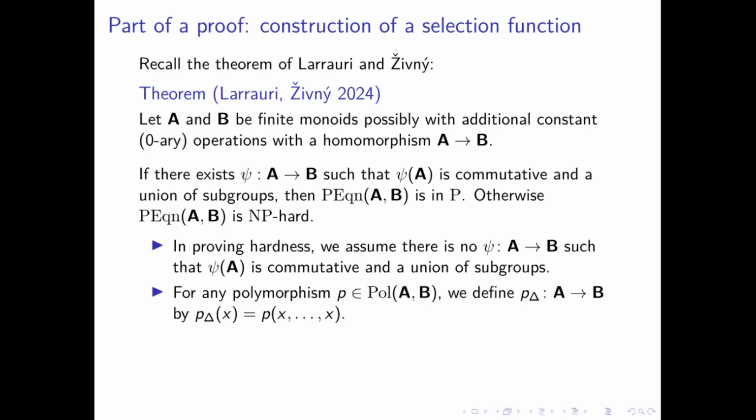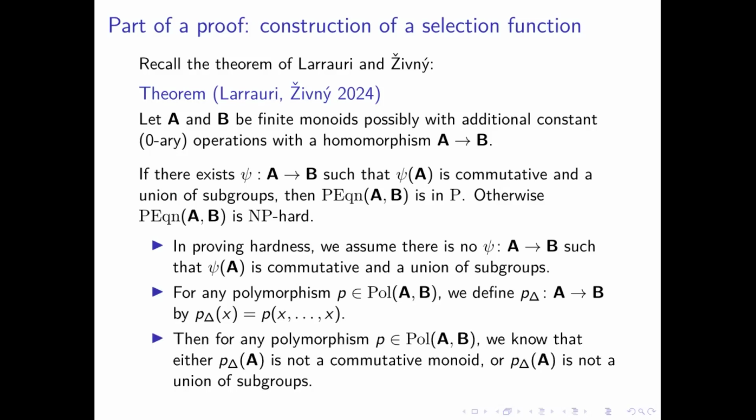Okay, so first thing to note, if you have a polymorphism from A to B, then if you take P, what I call P delta of X, define it to be P of XXXX, that's going to be a homomorphism from A to B. And in particular, this means that from our assumption, the image P delta of A cannot be a commutative monoid which is also a union of subgroups.